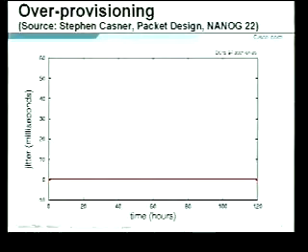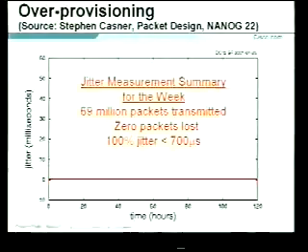Stephen showed that for this 1 week test, the worst case jitter was 700 microseconds. So the over-provisioning model works great. The simple idea that you need to put more bandwidth than what you need is basically a good principle. It works, and you can use data like this to make sure that indeed it works.